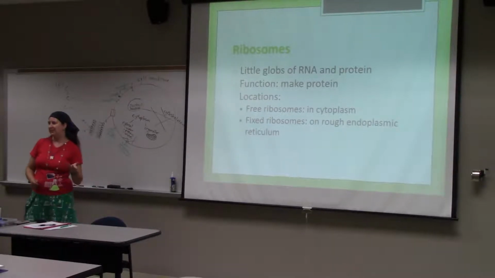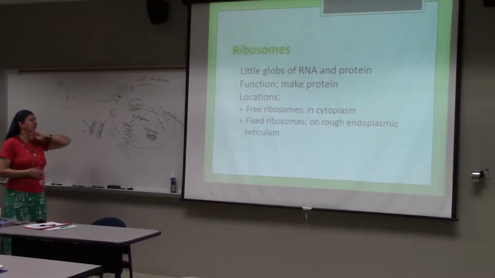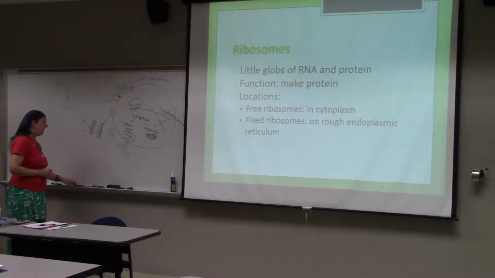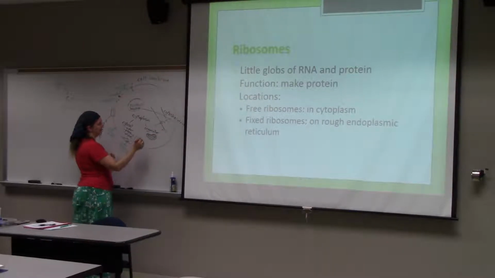Ribosomes, this means ribose body, ribose as in ribonucleic acid. They're made of RNA and protein, and they are these little globs. They'll show up on the electron microscope as dots.